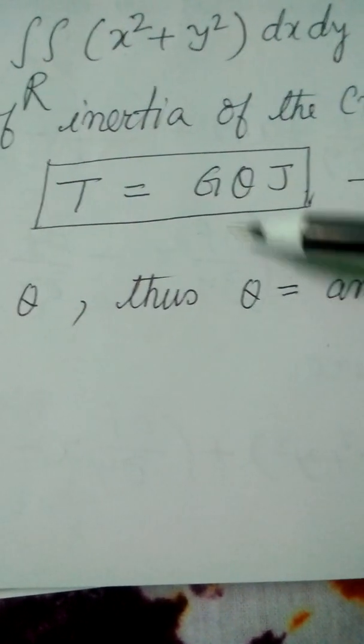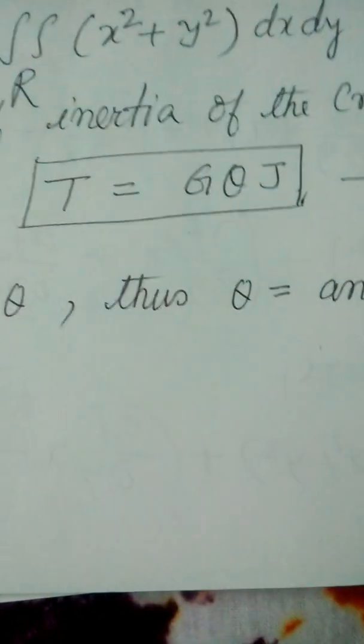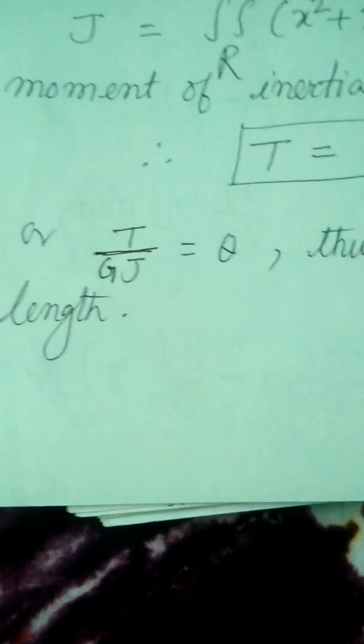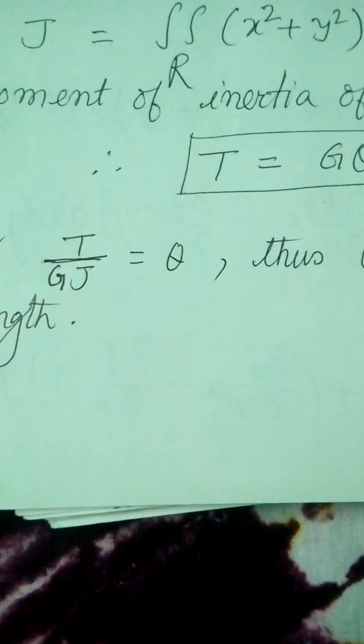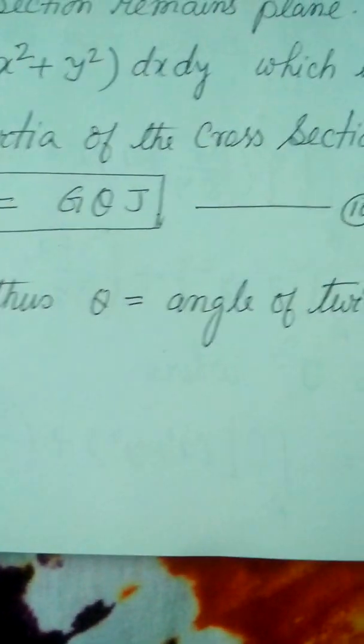So this is the well-known equation that we have. Now T by GJ is equal to theta. Thus theta is equal to angle of twist per unit length.